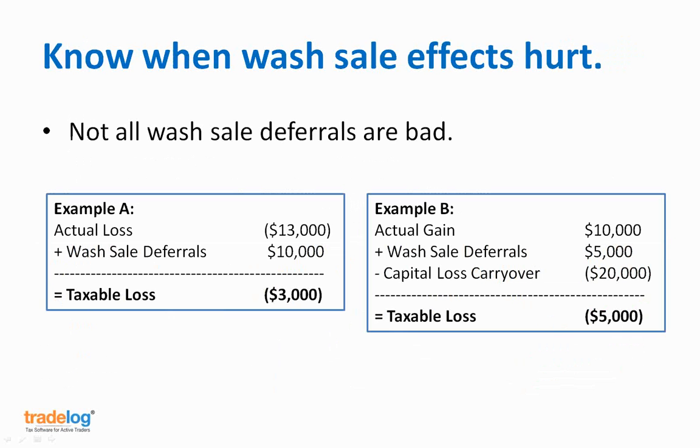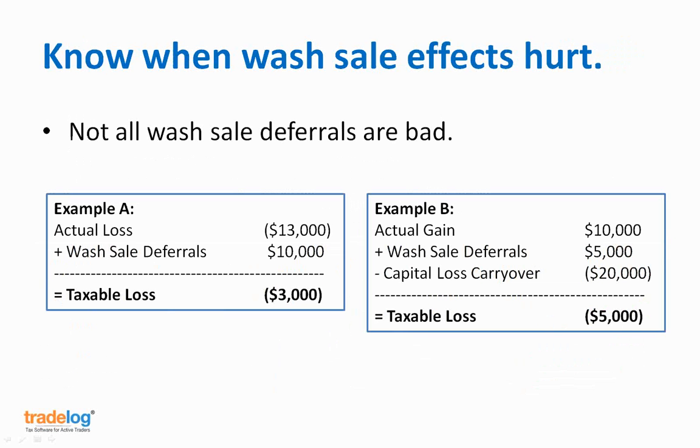That takes us from $13,000 to a taxable loss of $3,000, because we're adding $10,000 in. So in example A, you still have a loss of $3,000. And as we know with capital losses, you can only claim $3,000 a year anyway, so at this point you have a max taxable loss of $3,000.